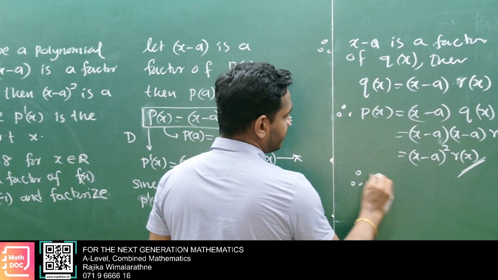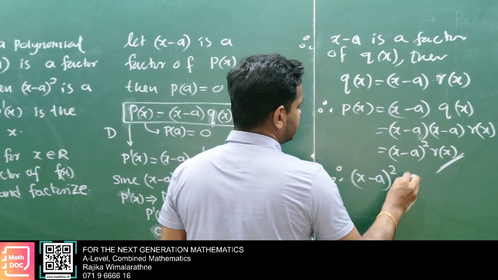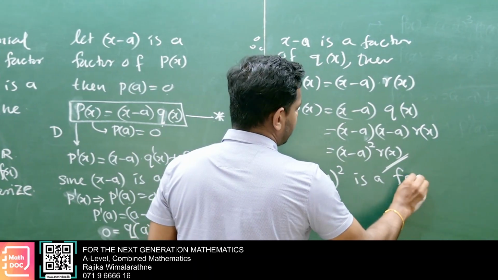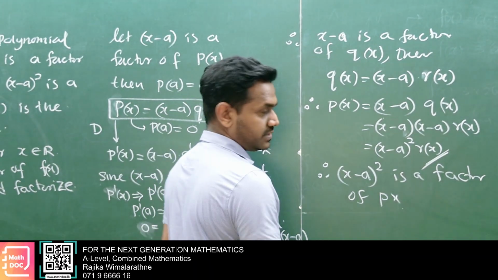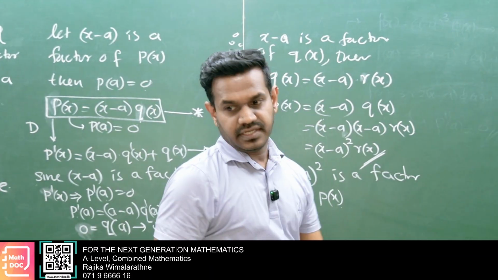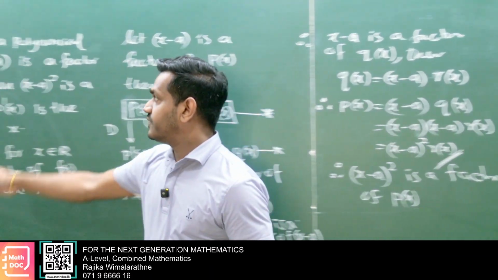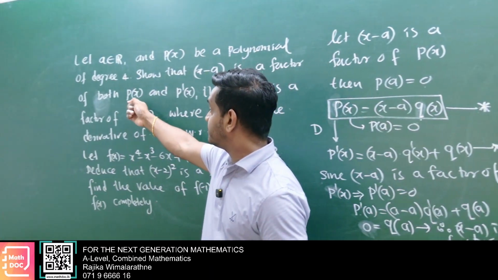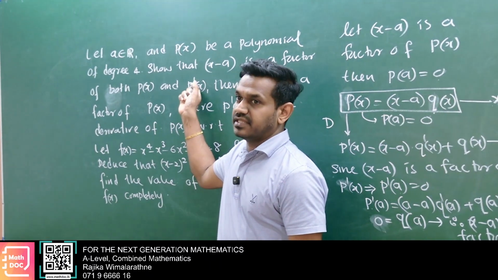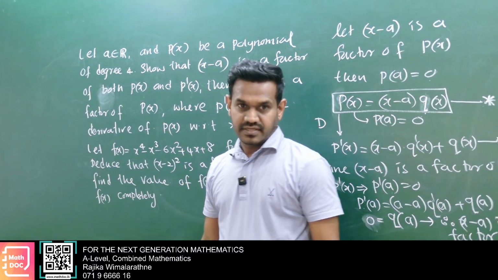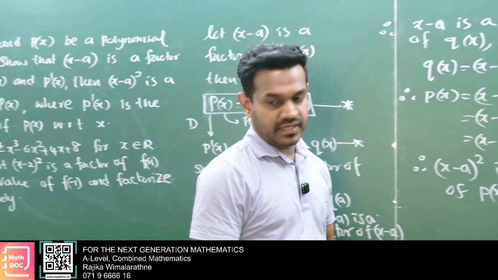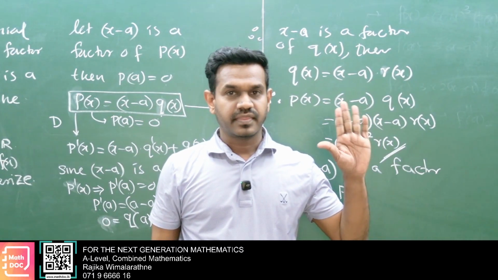Therefore (x minus a) squared is a factor of p(x). Remember, when x minus a is a factor of both p(x) and p'(x), there will be an (x minus a) squared factor for p(x). That's how we prove it. Complete that proof.